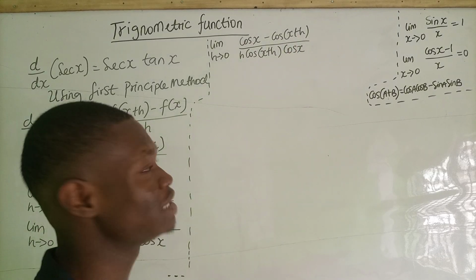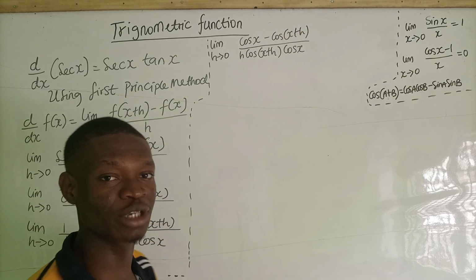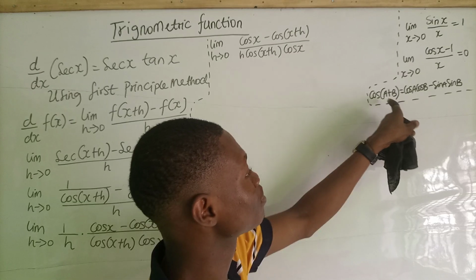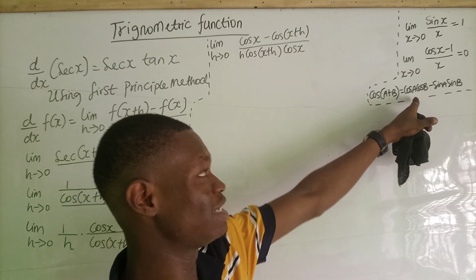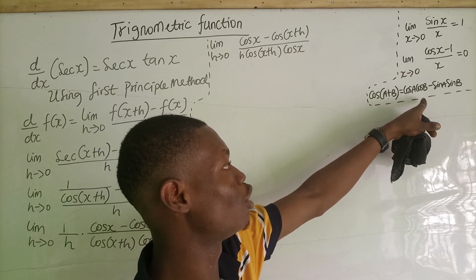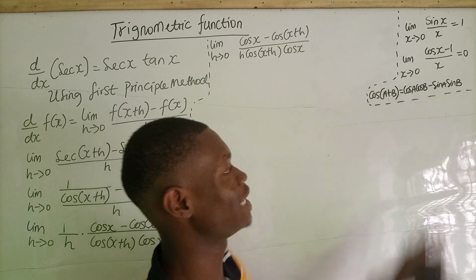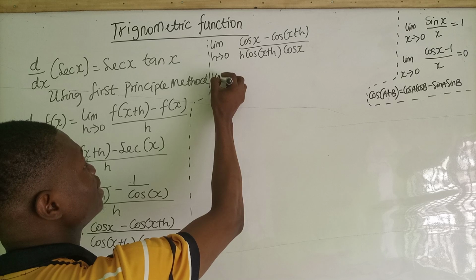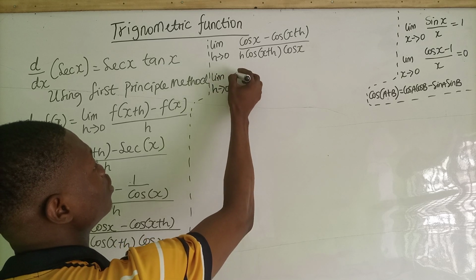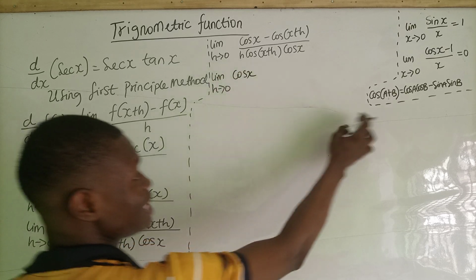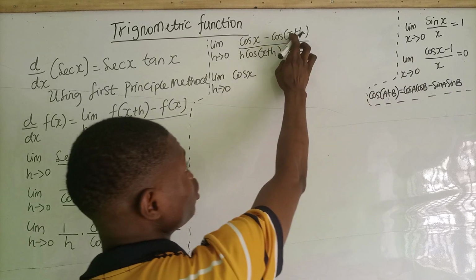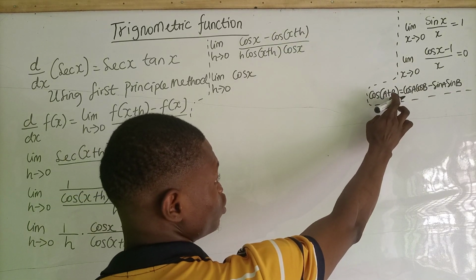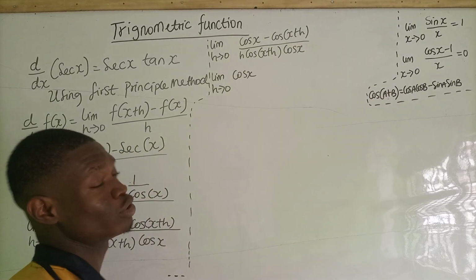Cos(x + h), these are the compound angles. If you want to expand it, we are fixing it here. Cos(a + b) is cos a cos b minus sin a sin b. So in order to expand this one, it's going to be the limit as h approaches 0 of cos x. This same thing I did here, just that you substitute your a and b with your x and h.